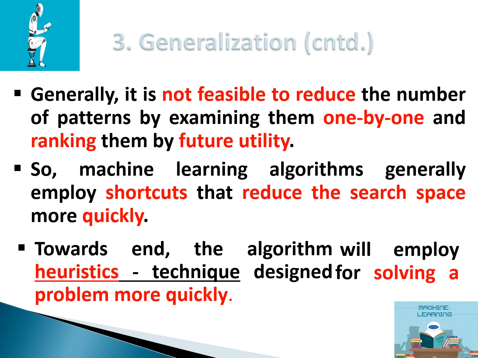So here the importance of the machine learning algorithm comes in. The machine learning algorithm reduces the search space, and it will easily find out what the conclusion or the resultant will be. That is the generalization stage. So identifying conclusions or inferences from the abstract data is the generalization stage.